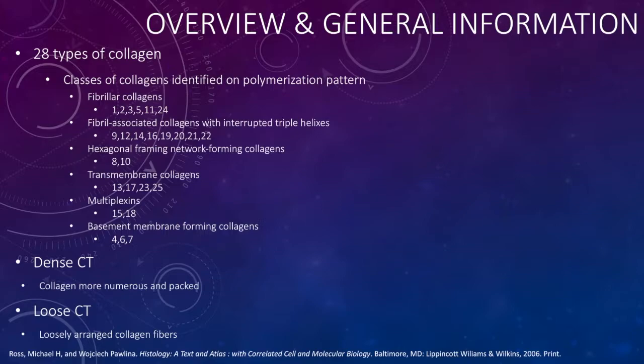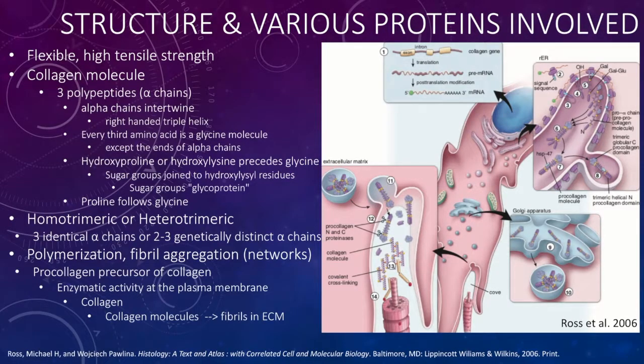So, the structure of collagen molecules consists of three polypeptides that are known as alpha chains. The alpha chains intertwine, forming a right handed triple helix, and every third amino acid in the chain is a glycine molecule, with the exception of alpha chain ends.